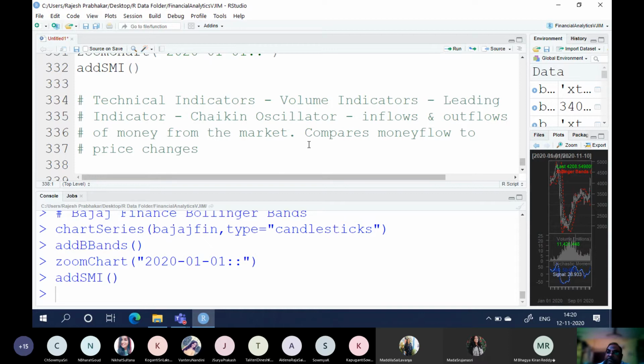So basically, what will happen if the money is inflowing? Guys, anybody? Prices will rise. Okay. Anybody else?